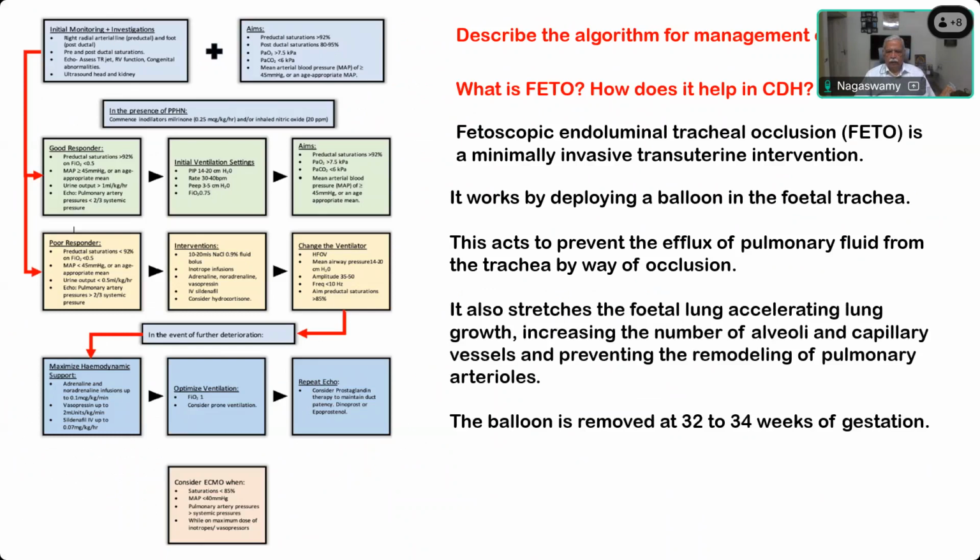The balloon can be removed when the baby is 32 to 34 weeks of gestation. Okay? So it should be introduced as early as possible and removed at 32 to 34 weeks. By that time the lung would have developed adequately for the baby to survive without developing severe pulmonary hypertension.